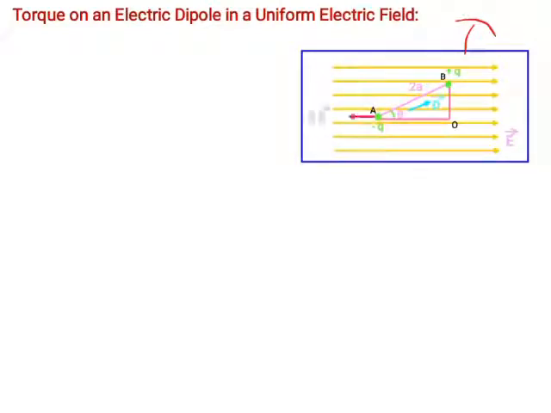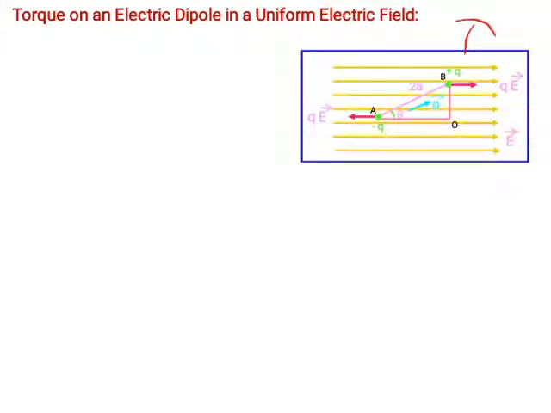Suppose we keep this dipole in a uniform electric field. These yellow colored parallel lines are nothing but electric field lines. So this is a uniform electric field denoted by E, a vector quantity.